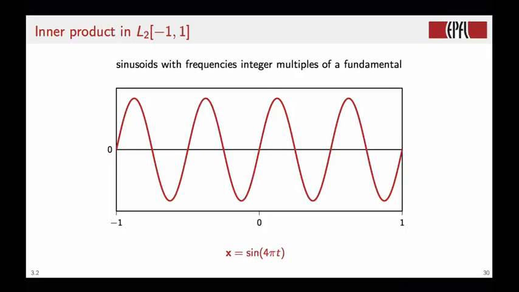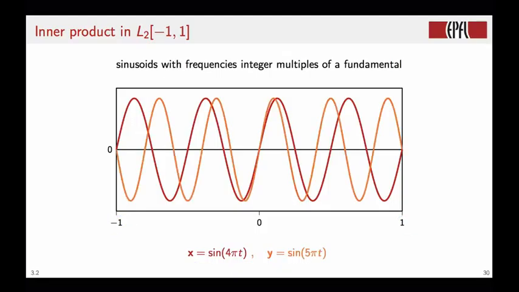Now let's look at a case of vectors that is very important in signal processing, and these are sinusoids. We again look at sinusoids over the interval -1 to 1, where the first vector x is sine of 4 pi t, and another one, y, is equal to sine of 5 pi t.